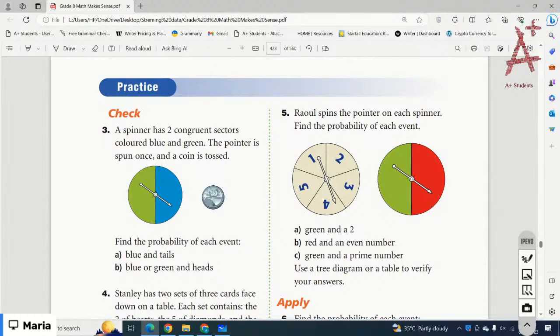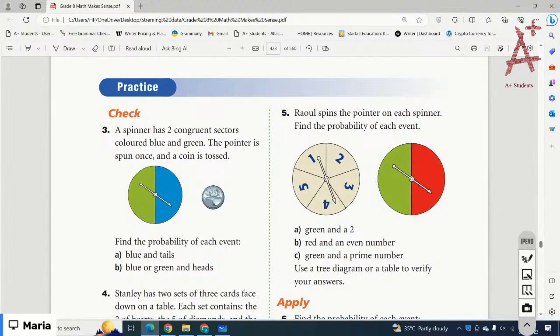A spinner has two congruent sectors colored blue or green. The pointer spins once and a coin is tossed. Find the probability of each event. A: blue and tails. B: blue or green and heads.